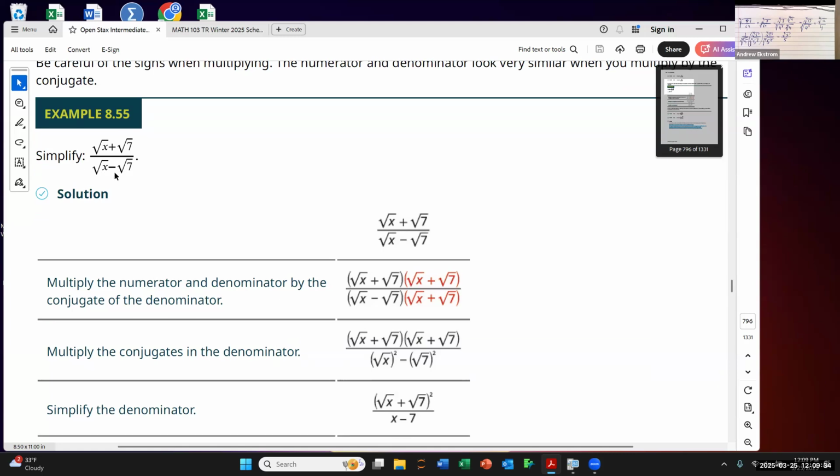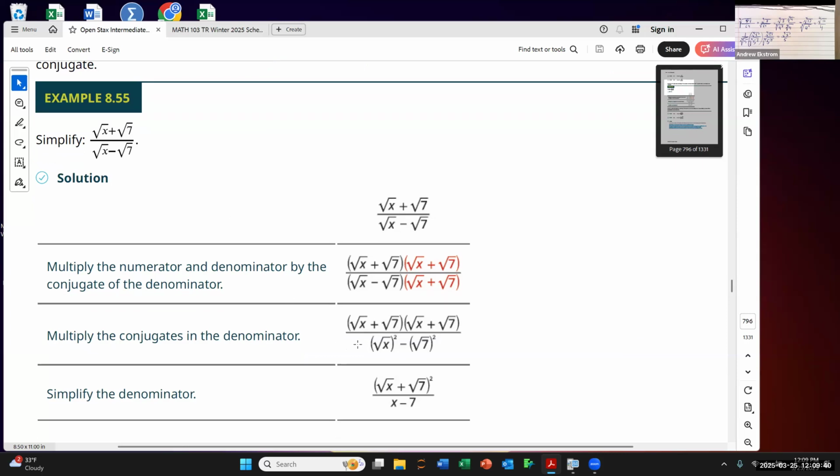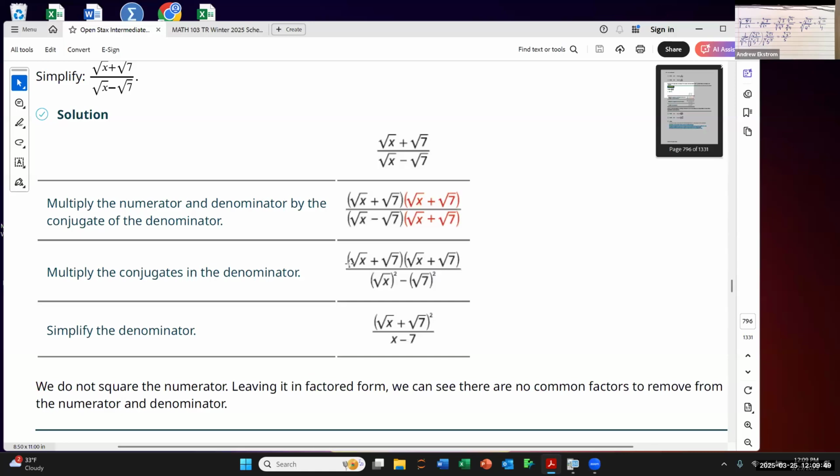Again, multiply the numerator and denominator by square root of x plus square root of 7. Using that special formula, your new denominator is going to be x minus 7. And they're showing you here that you can actually just say square root of x plus square root of 7 times square root of x plus square root of 7 and just square it.